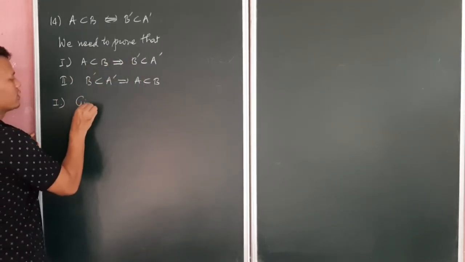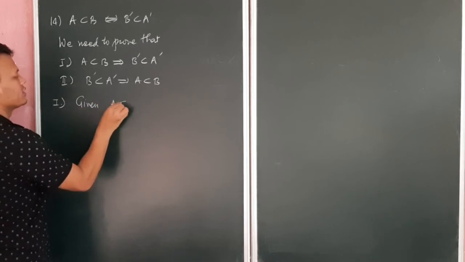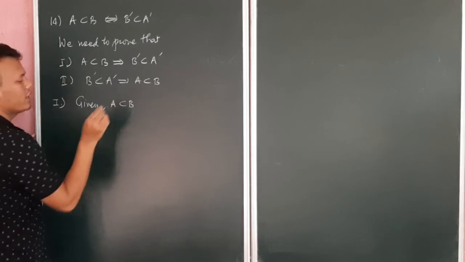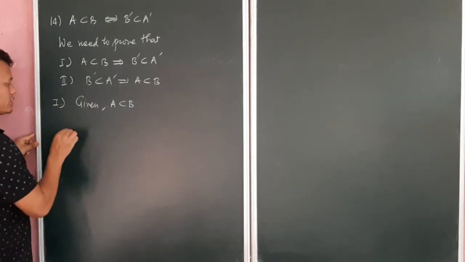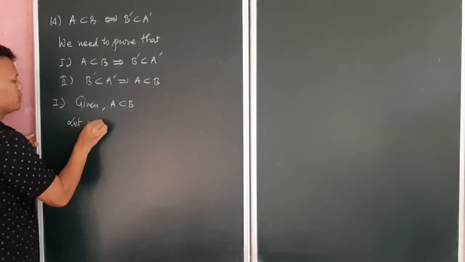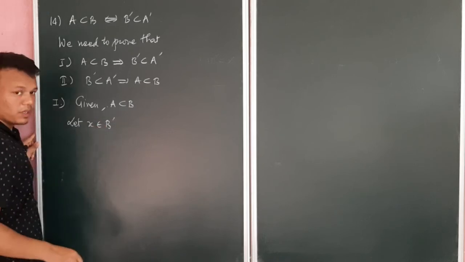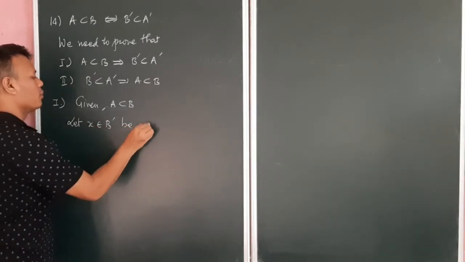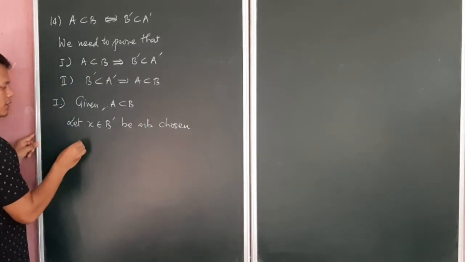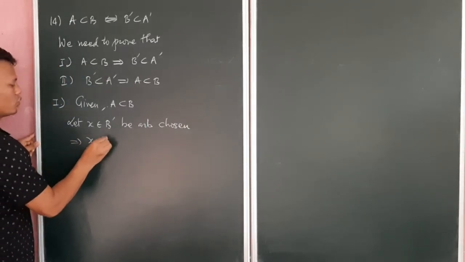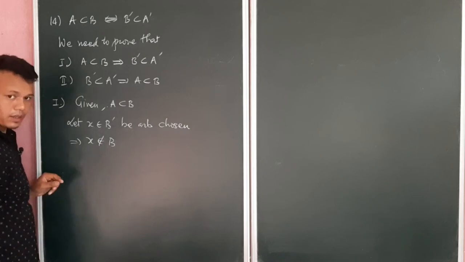So given is A is a subset of B. Alright, now to prove this, let me choose one random element from B dash. So let X belong to B dash be arbitrarily chosen. Now what's the meaning of this? This means that X does not belong to B. Yes.